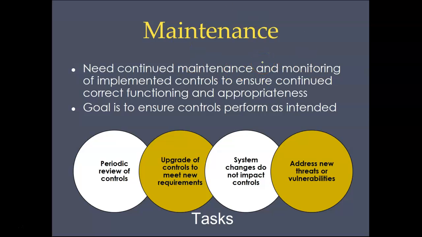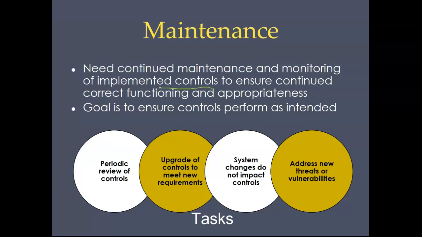Maintenance is very important. So we need continued maintenance and monitoring of implemented controls. I implemented a new control. I need to keep checking that this implemented control is doing perfectly fine. For example, I apply a new update on the system, some software.